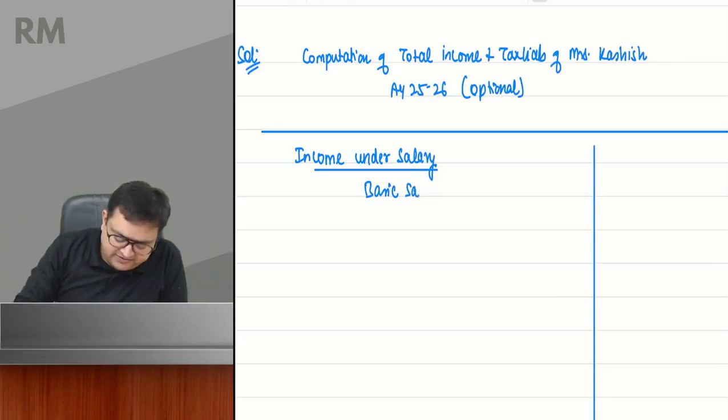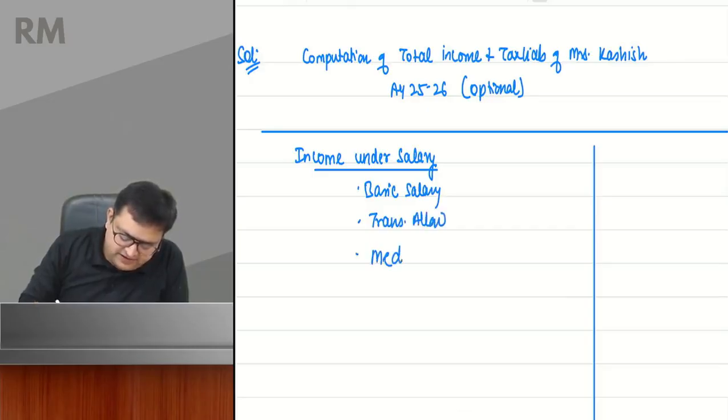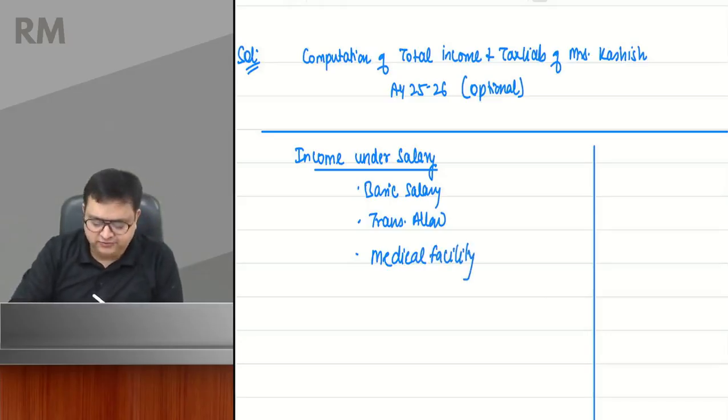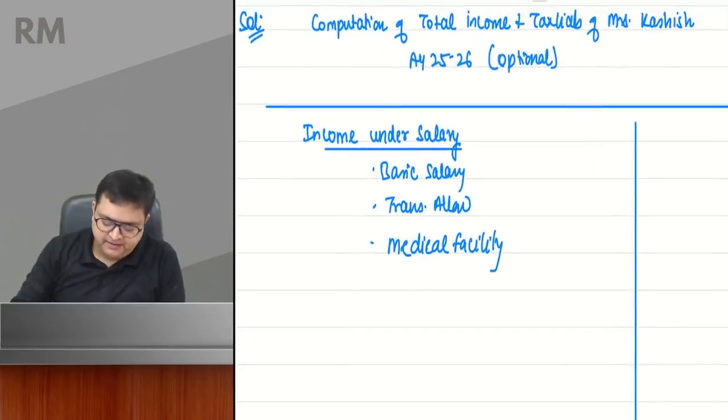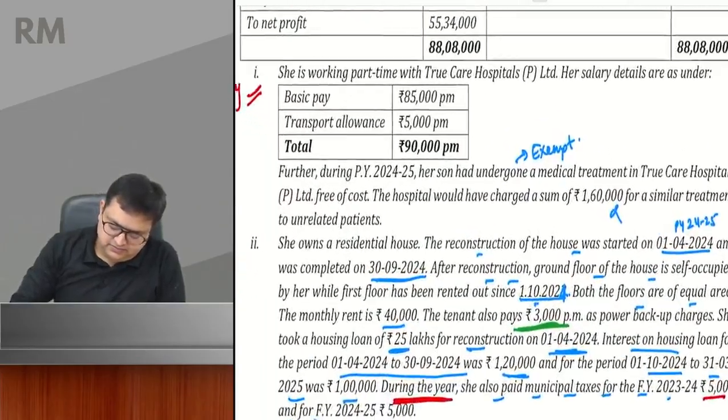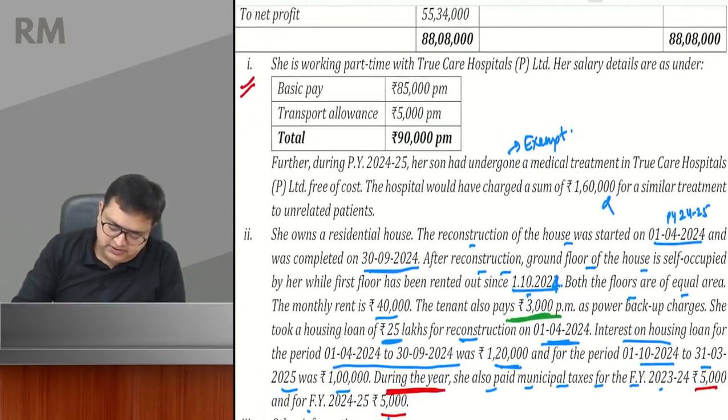You are getting basic salary, you are getting transport allowance, and there is a medical facility also. See, basic salary, transport allowance, and that's the medical facility.